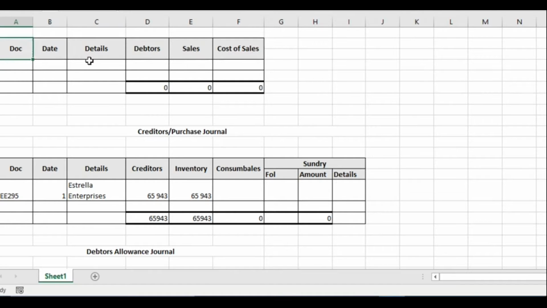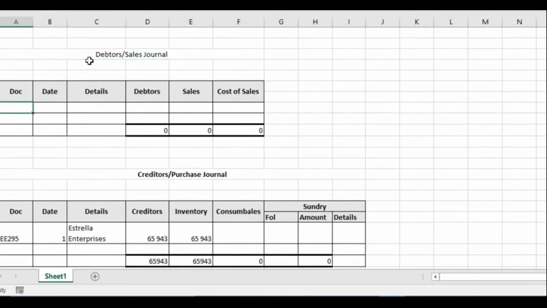This will go to our debtors journal, and our document number in this case is 364, D Double, and the amount was 31,619.